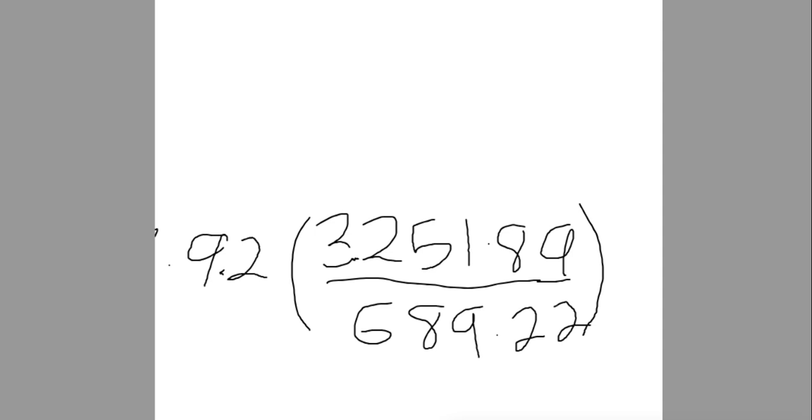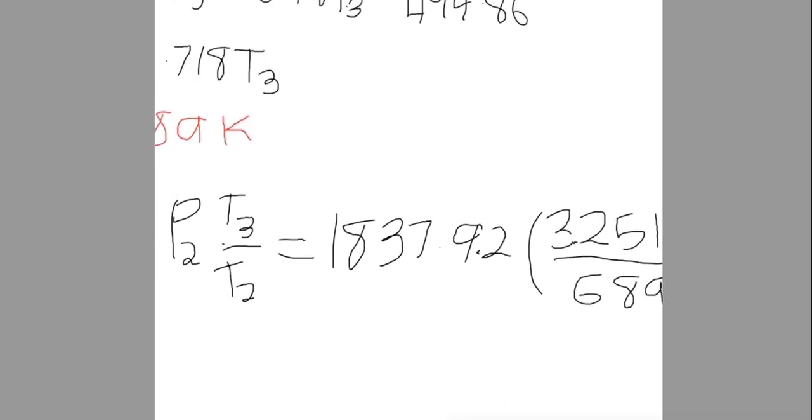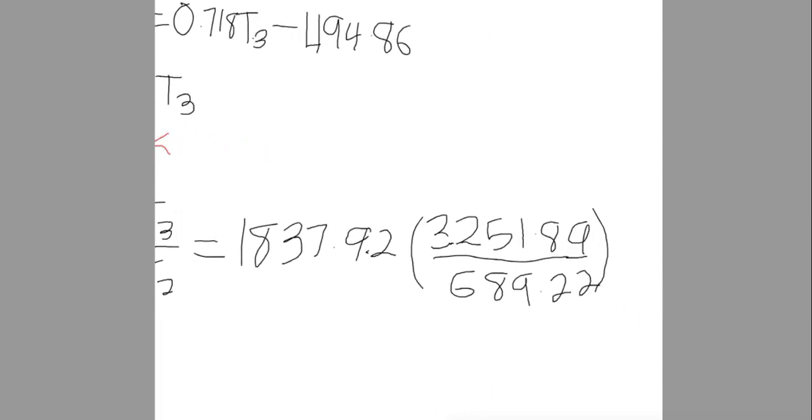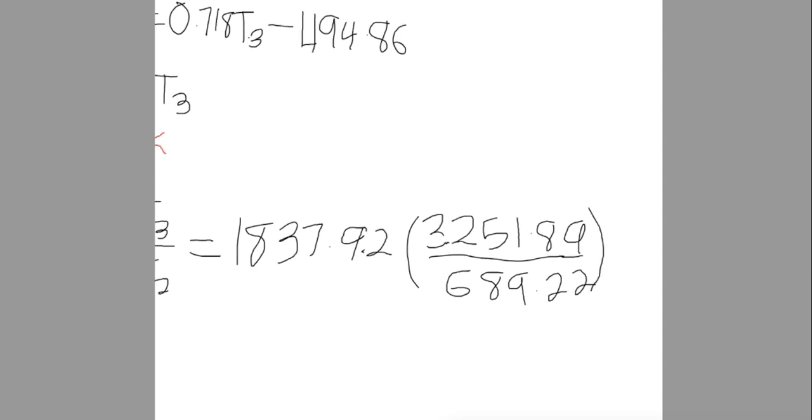So if we finish this calculation over here, 1837.92 multiplied by 3251.89 divided by 689.22, we are going to get our value for P3 to be 8671.71 kilopascals.